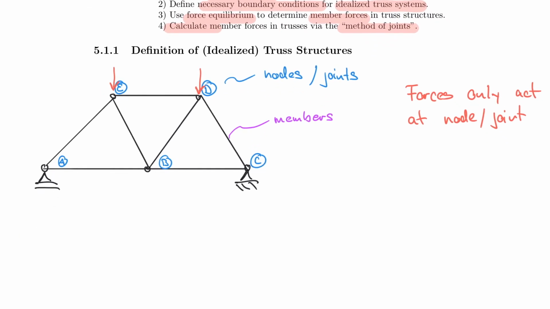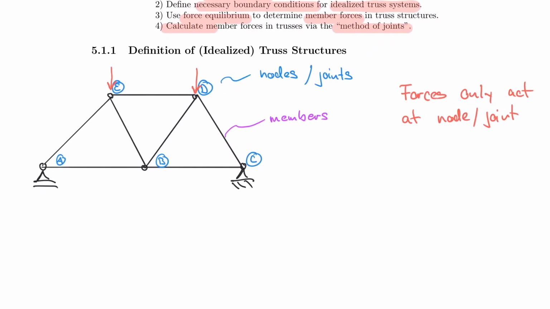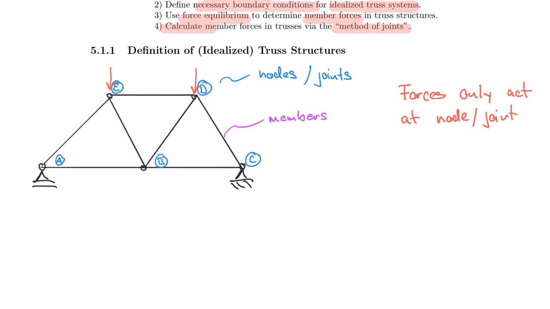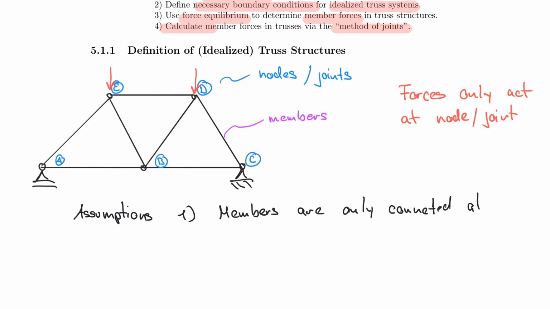So we're kind of making an assumption here, and that is twofold. Number one, members are only connected at joints, and they are connected via a hinge, which sometimes you don't see that.